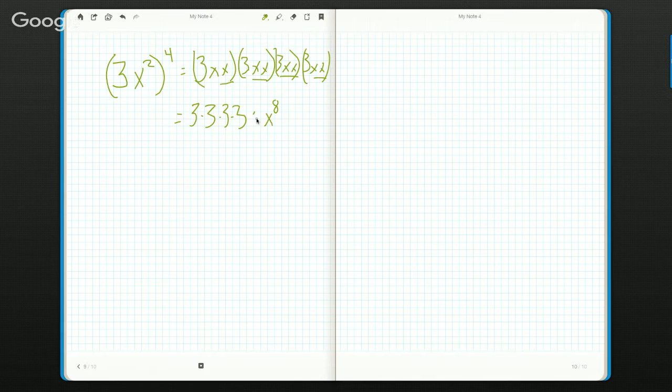And so what is 3 times 3 times 3 times 3? It's 3 to the 4th times x to the 8th. So the point here is that these numbers inside here work just like variables.